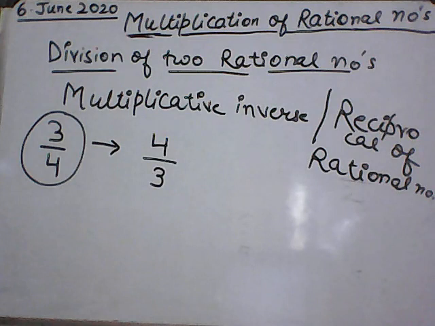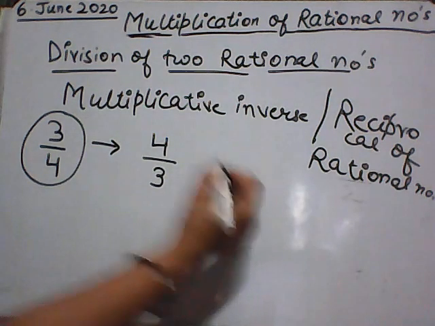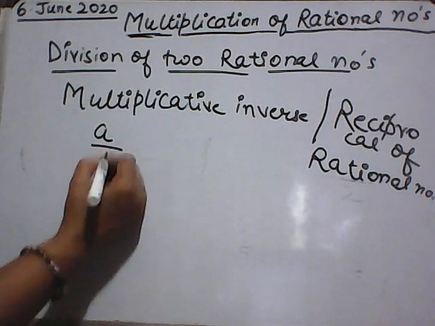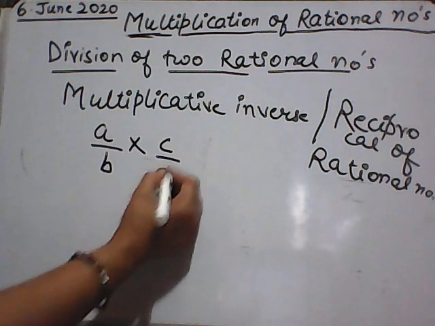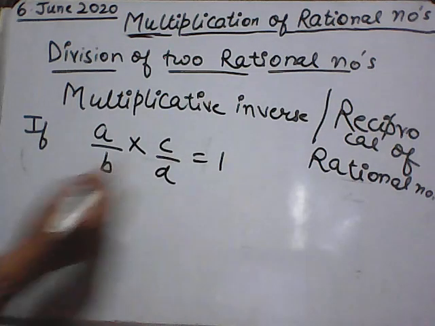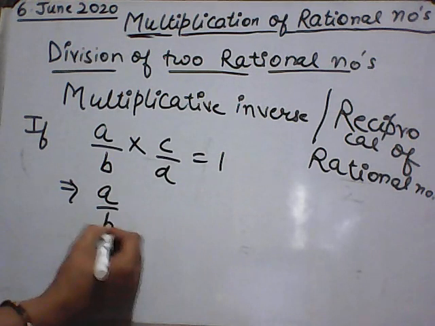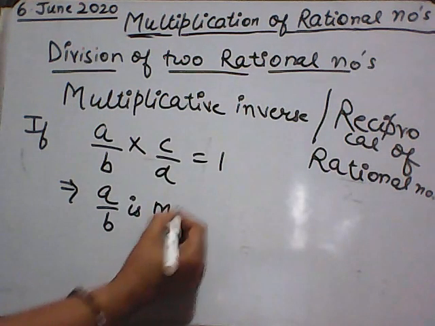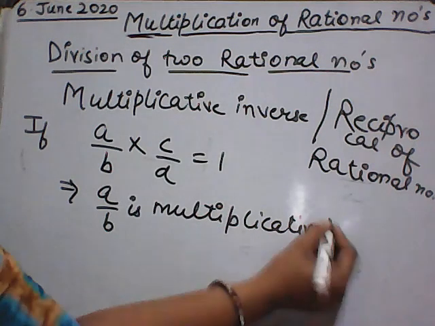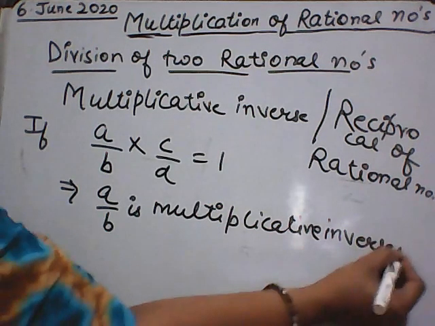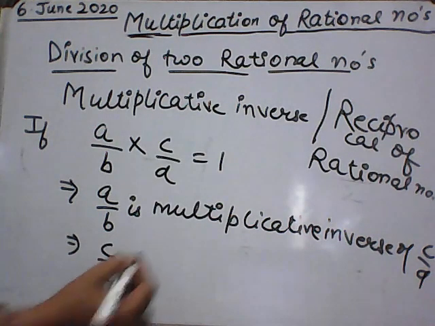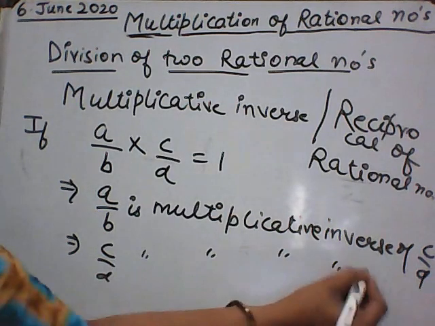Or you can say, if the product of two rational numbers is equal to 1, then a by b is the multiplicative inverse of c by d, and c by d is the multiplicative inverse of a by b.